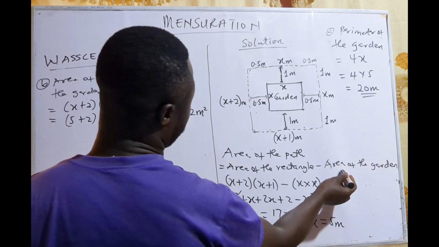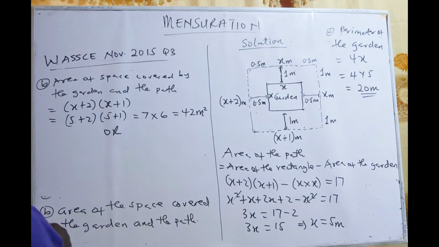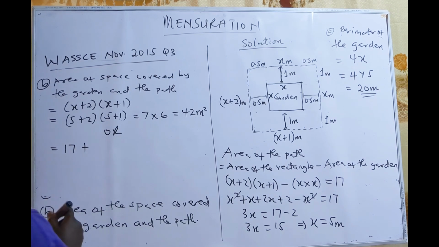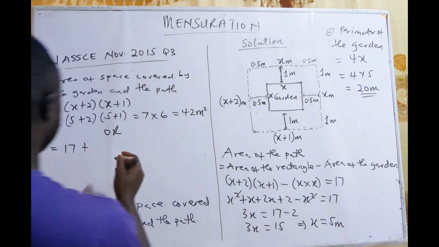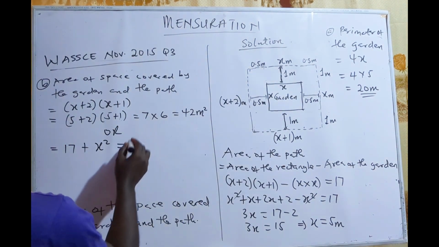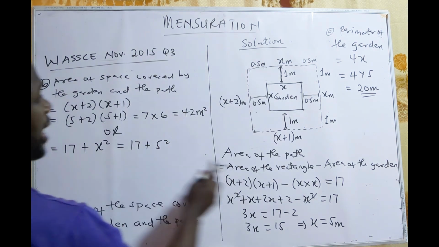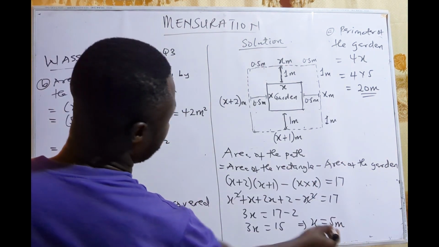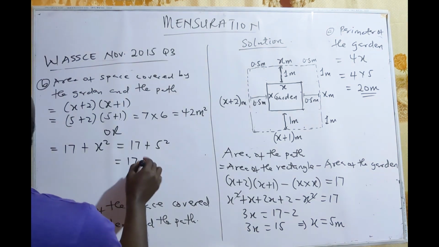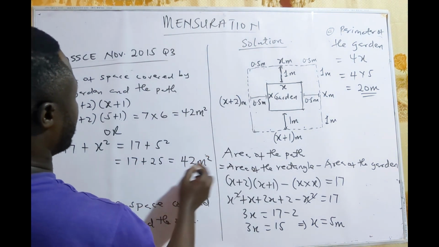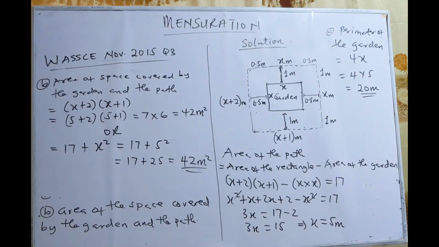So 17 plus the area of the garden, which is x squared. What is the area of the garden? That is 5 squared, because x is 5. So 17 plus 25, and that also gives us 42 meters squared. So you can also work it in this way, and you get the same answer.